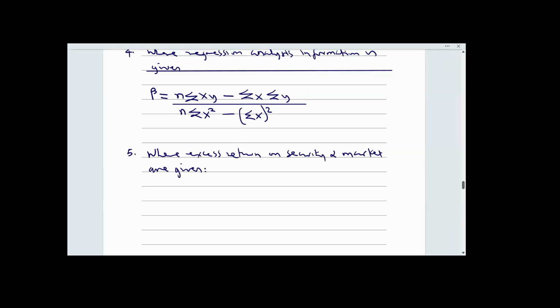In this case, the formula to use to calculate your beta value will be equal to excess return on security over excess return on the markets.